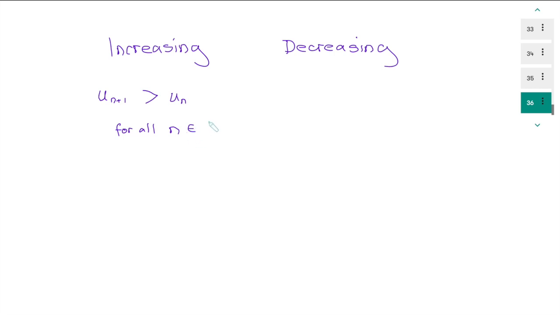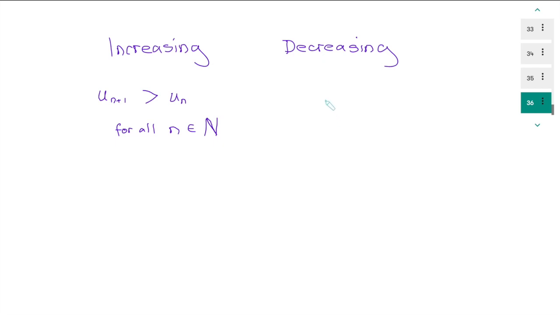Remember this, n is an element of the set of natural numbers. We had a little discussion last week about most definitions of the set of natural numbers, but what we need starts from 1. So these are just the counting numbers starting from 1. So there you go. A sequence is increasing if each element is bigger than the last one.